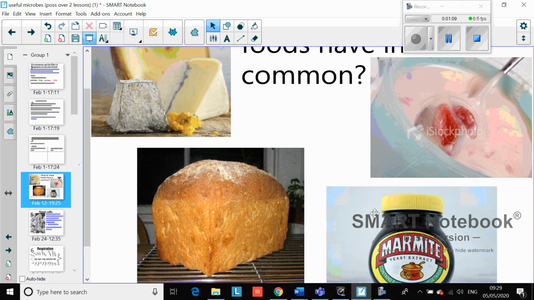Now, what is it about these that they all have in common? Well, the main thing is they all use microorganisms in their production. So, for example, cheese and yogurt are produced by bacteria, and Marmite and bread are produced by yeast. And we're going to try and understand that process.